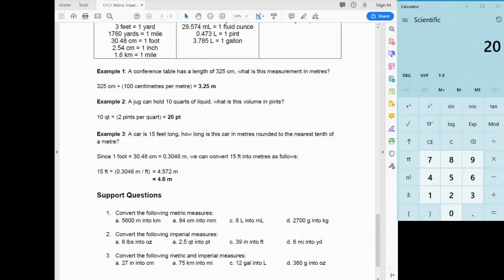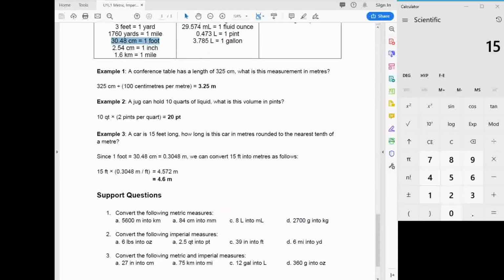And then to convert between the metric and imperial systems, we have a 15-foot long car, and it says how long is that car in meters? I know that 1 foot is 30.48 centimeters.